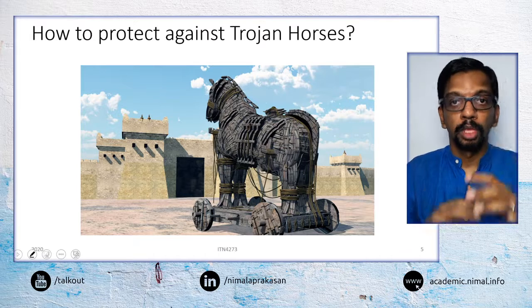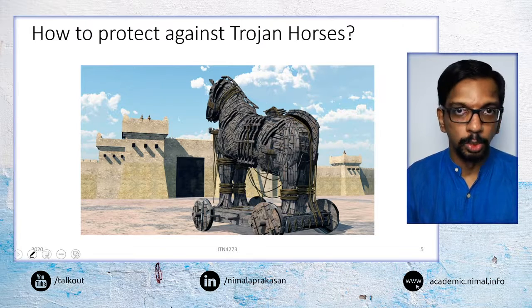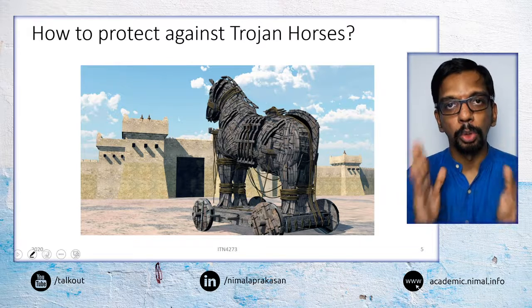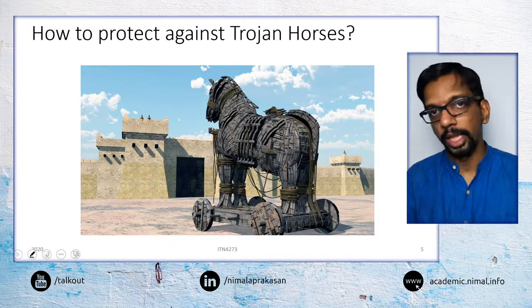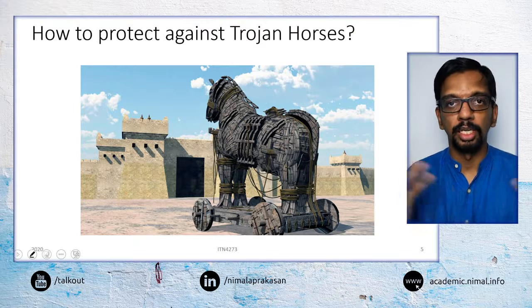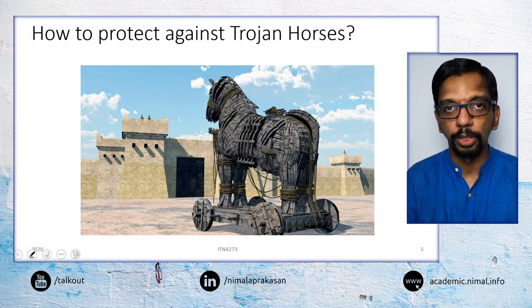But as with a real world scenario, there are things that we identify as Trojan horses. The backstory of Trojan horses is something you may have heard previously in various discussions on security.